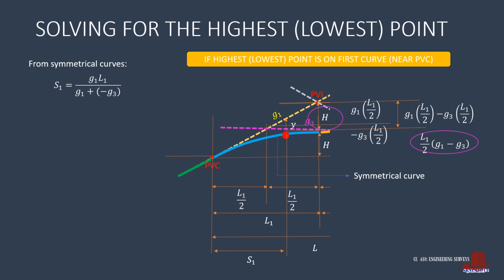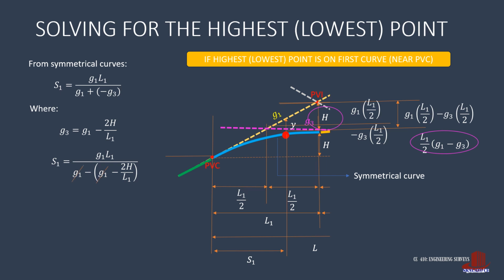With the previously derived S1 formula, we can now plug in G3, which is G1 minus 2H over L1. S1 then becomes G1 L1 all upon G1 minus the new G3, which is G1 minus 2H over L1.